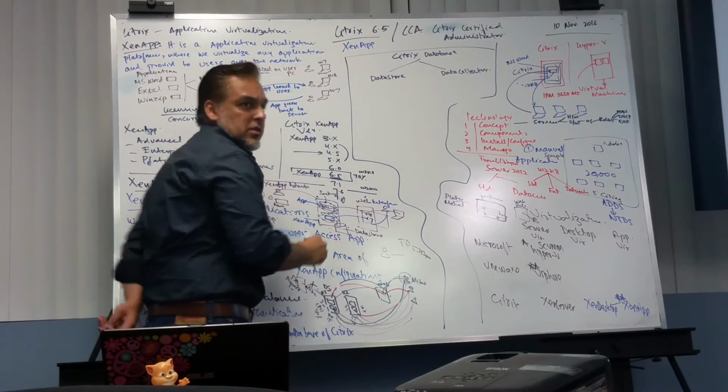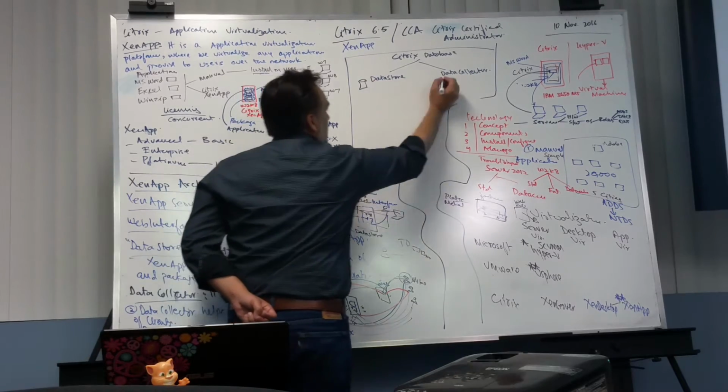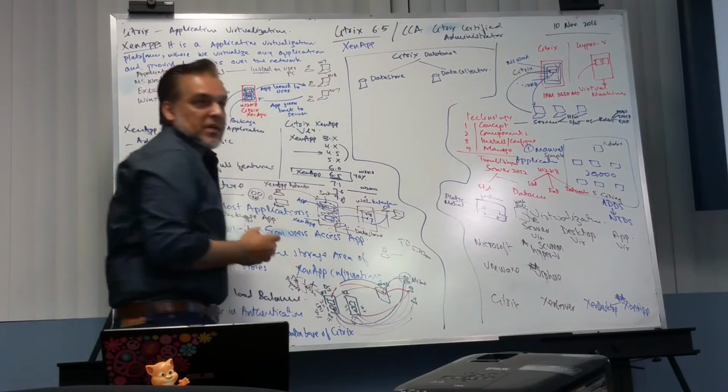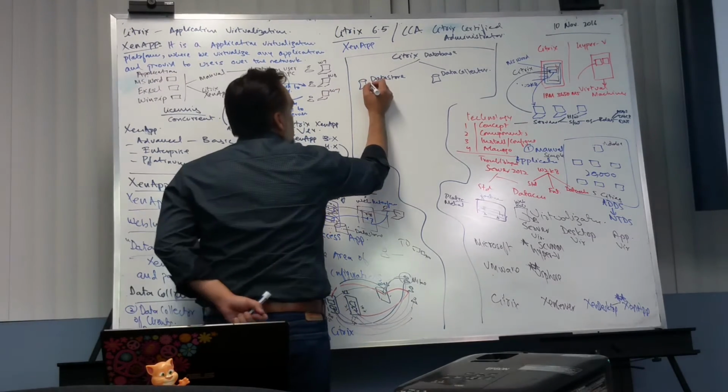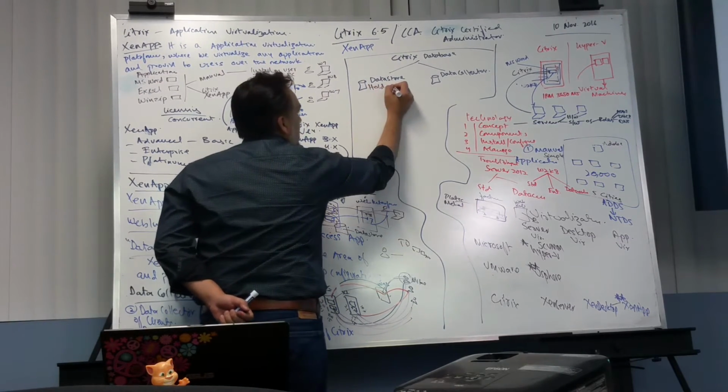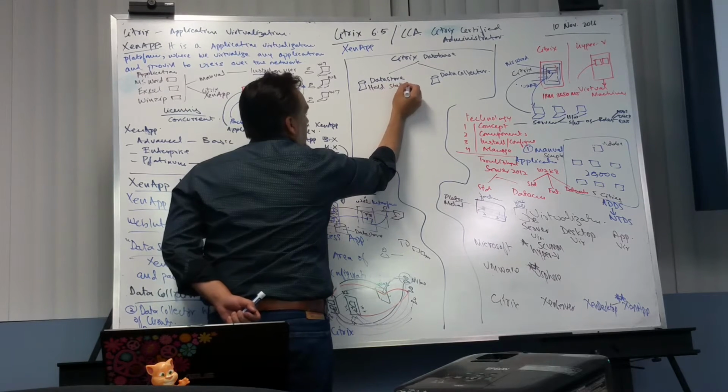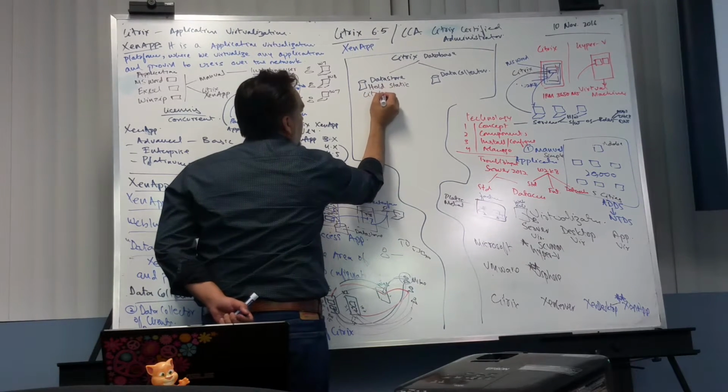Both are databases. So both are, this is a database and this is a database too. But data store is a static database. This holds static Citrix configuration.